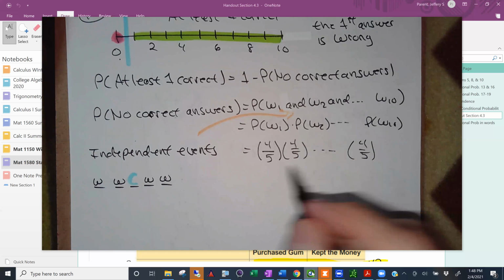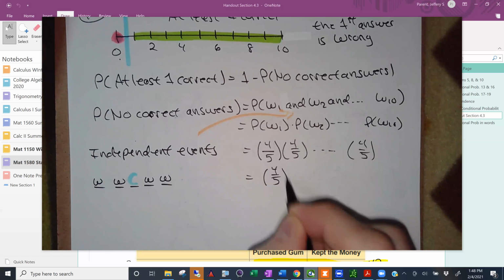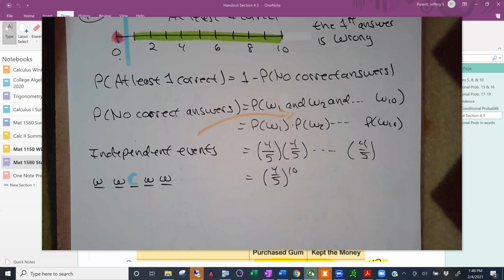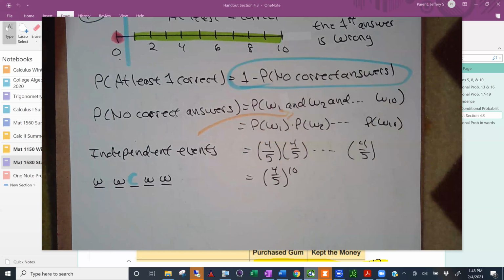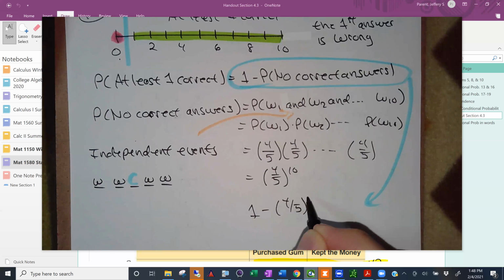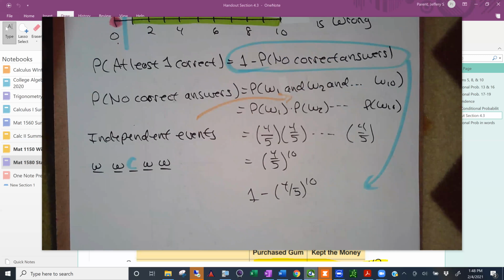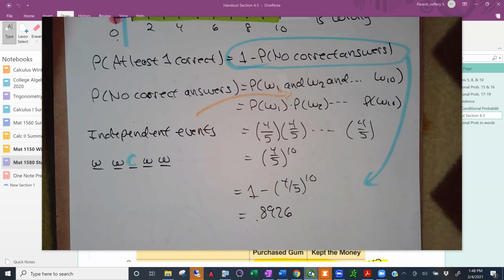So overall, I get 4 out of 5 to the 10th power. That's not my final calculation. I need to do 1 minus that, yeah. So thank you. I need to do 1 minus 4/5 to the 10th power. And there should be a pretty good chance, about an 89.26% chance that you get at least one right. Yay. And that's it.